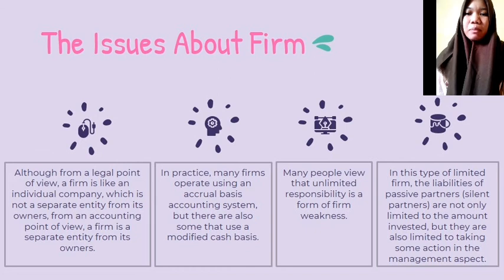Third, many people view that unlimited responsibility is a form of firm weakness. Fourth, in this type of limited firm, the liabilities of passive partners, also called silent partners, are not only limited to the amount invested, but they are also limited from taking some action in the management aspect.